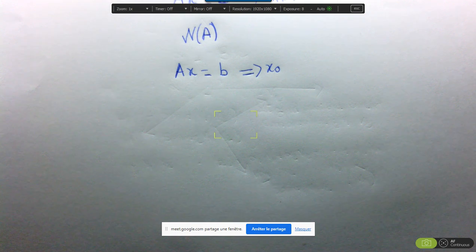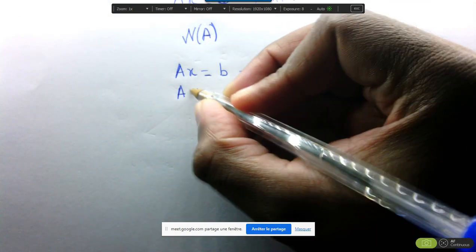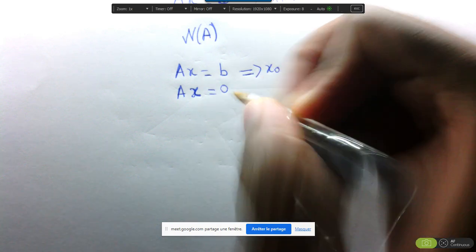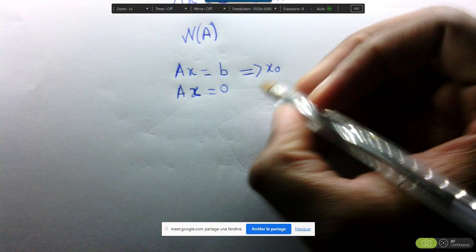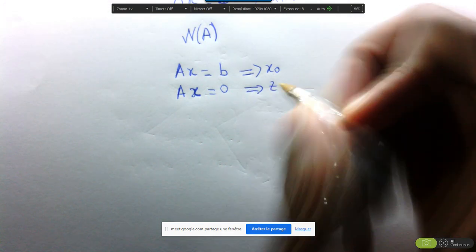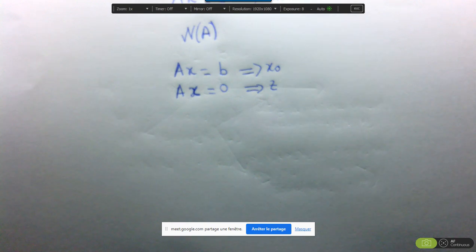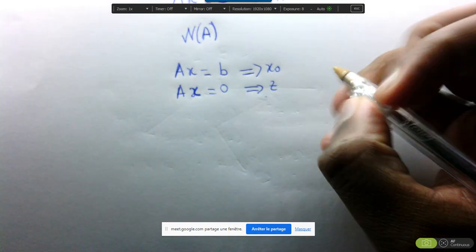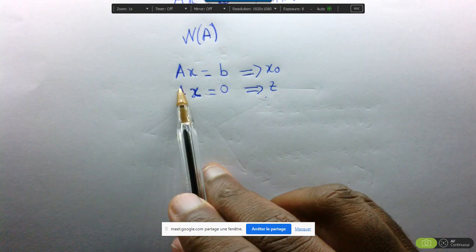And suppose that Ax equals 0 has the solution z. In other words, if I plug z in here, I get a 0. So in other words, z belongs to the null space of A.